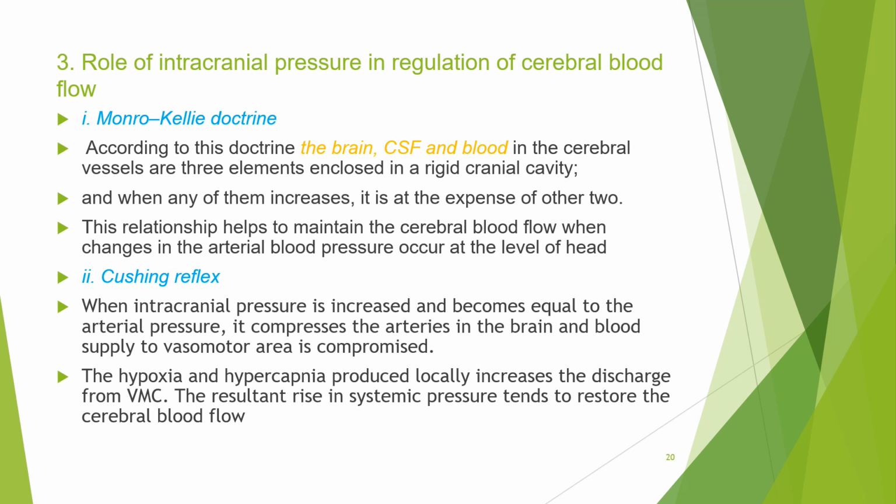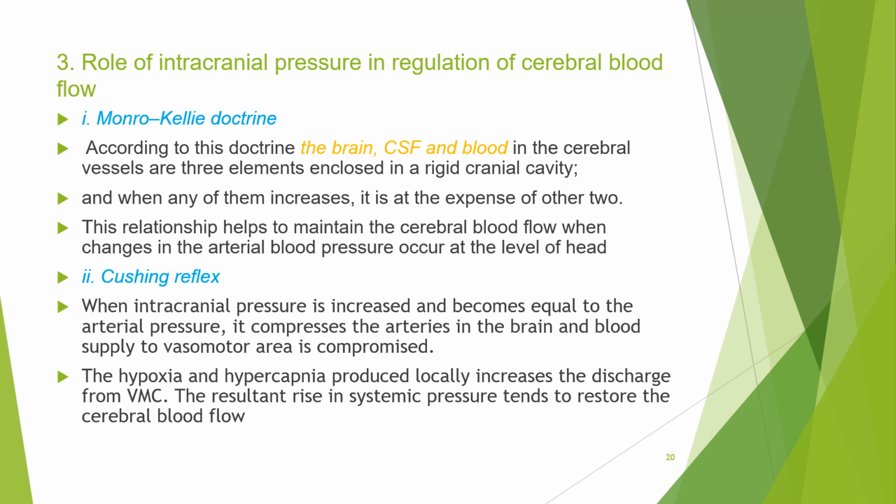According to this doctrine, the brain, CSF and blood which is present in the cerebral vessels are the three elements which are enclosed in a rigid cranial cavity. What are those three elements? The brain, CSF and blood in the cerebral blood vessels. These three elements are enclosed in a rigid cranial cavity.